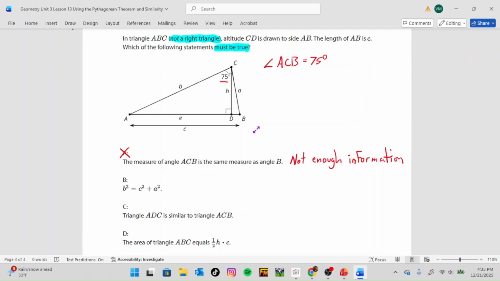Option B, B squared equals C squared plus A squared. Well, they told us that the altitude is drawn to side AB. That means C is the hypotenuse.